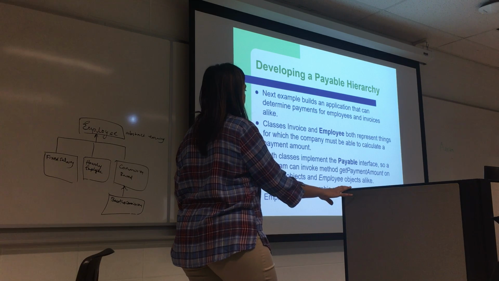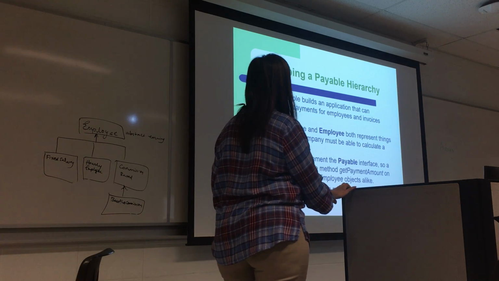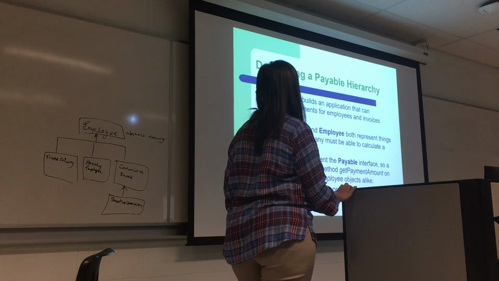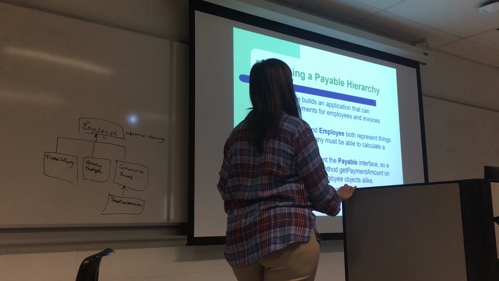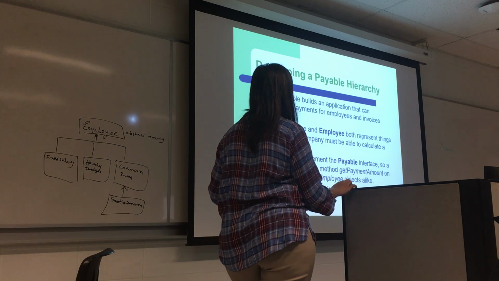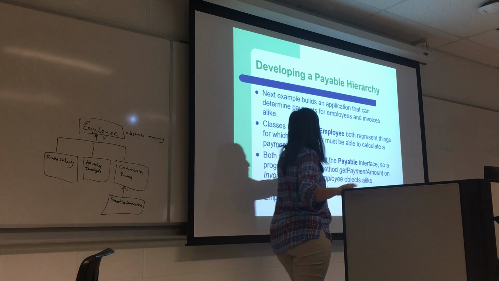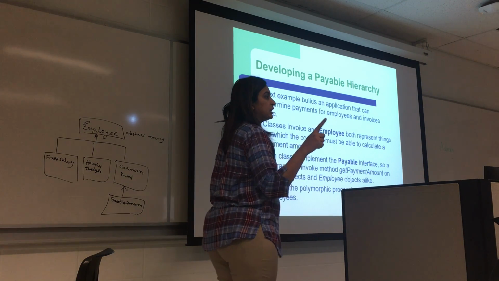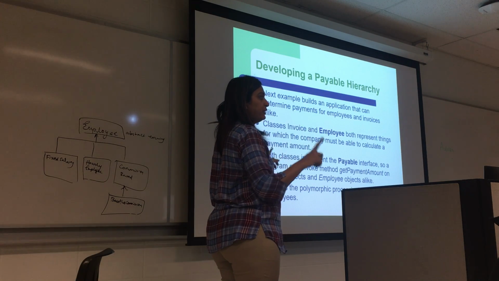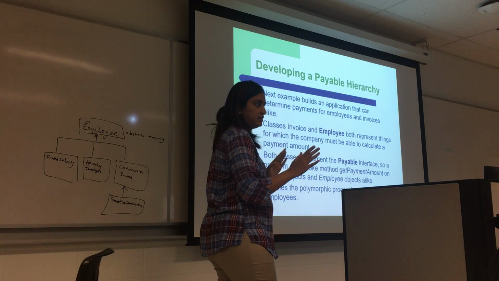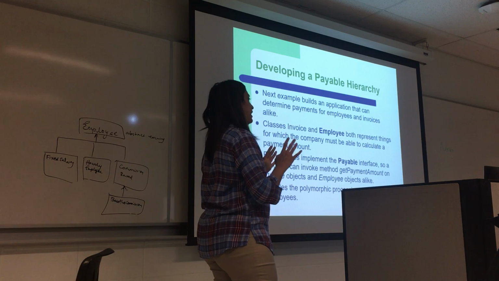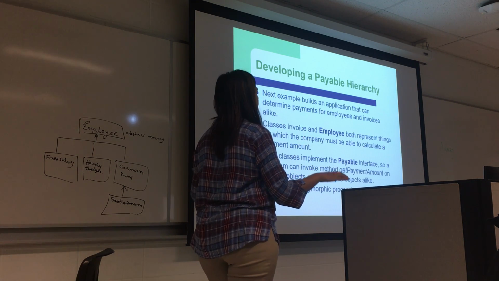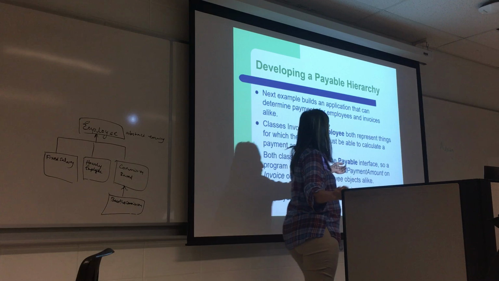Classes invoice and employee both represent things for which a company must be able to calculate the payment amount. So both the classes implement the payable interface. Employee and invoice are not at all related, right? They are unrelated classes, but they both have the functionality of payment. So they are implementing the payable interface.